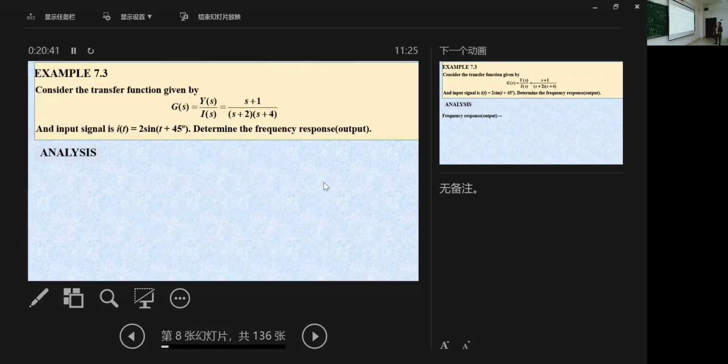Now how about this? This is different. This is given to you, and it is a transfer function. It gives you an input, and you determine the frequency response, not of the transfer function, but of the output. How to deal with this?